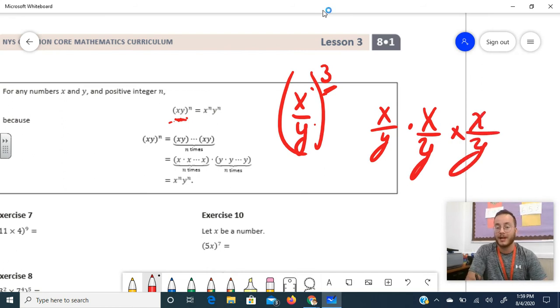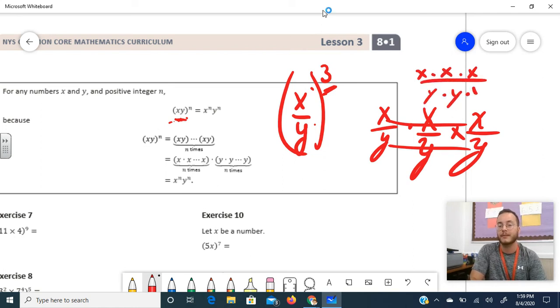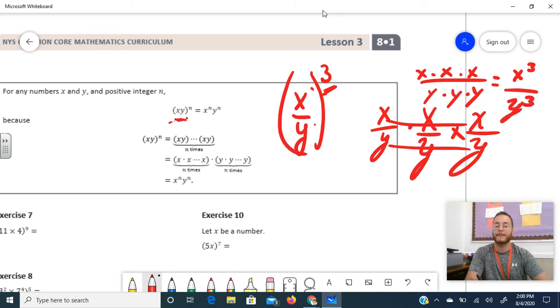And I know about multiplying fractions. I just go across and multiply. This is x times x times x over y times y times y. I can simplify this. This is repeated multiplication. I have x to the third power over y to the third power.